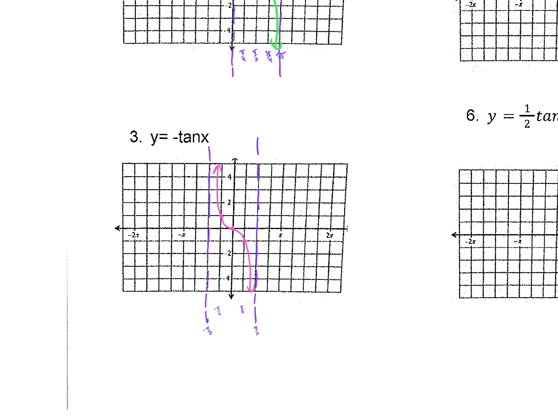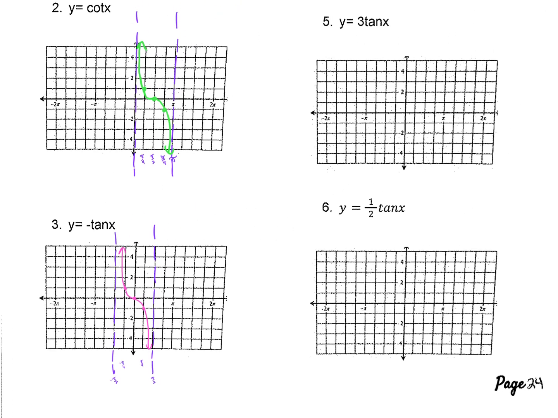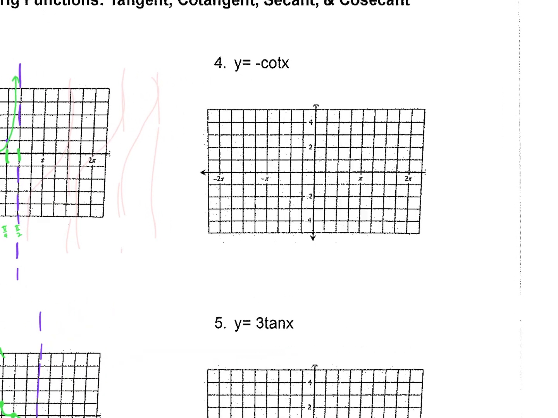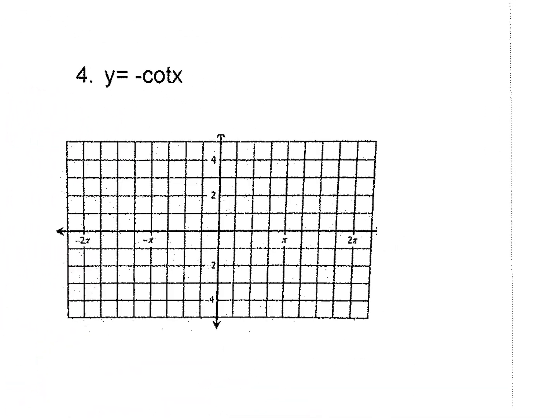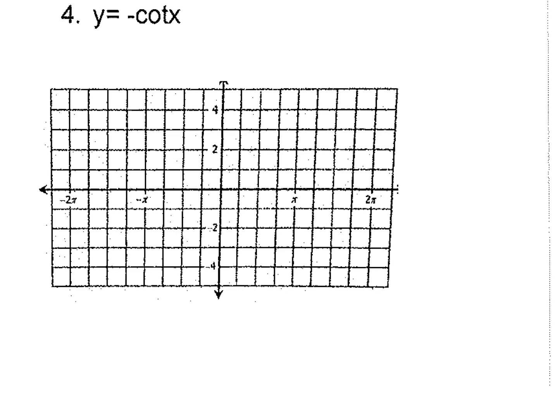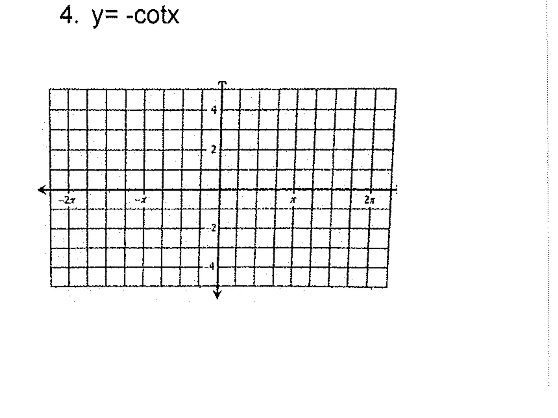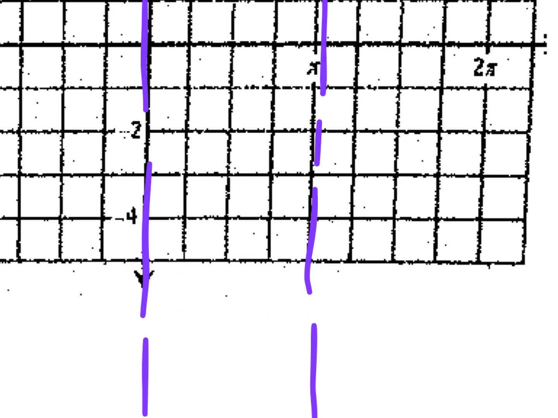So then that means our negative cotangent graph is going to be going the same direction as our positive tangent graph. Different location on the coordinate plane, but it'll go down to the left, up to the right. So for a negative cotangent, we're going to have asymptotes at 0 and at pi, and yes, you have to label these x-axis markers.